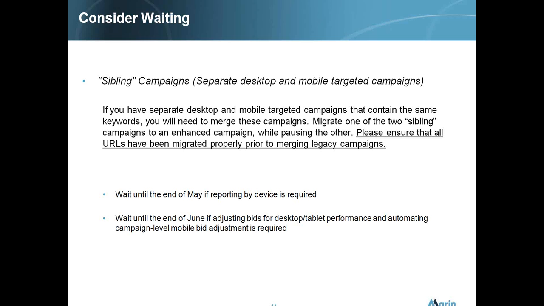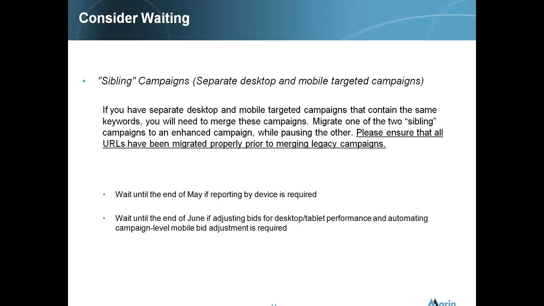On the other hand, if you've already gone through updating your URLs with the device parameter and worked with Marin's team in order to do that, migrating over to enhanced campaigns will provide you with the desktop reporting.